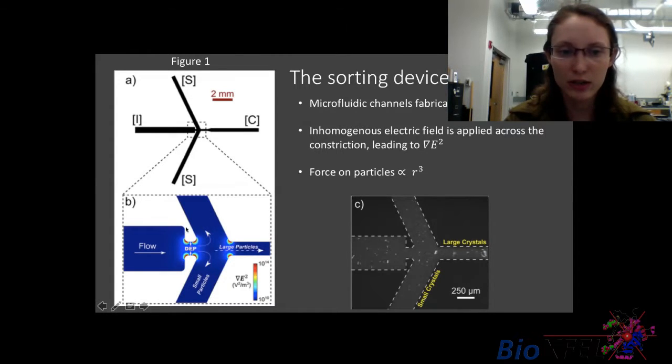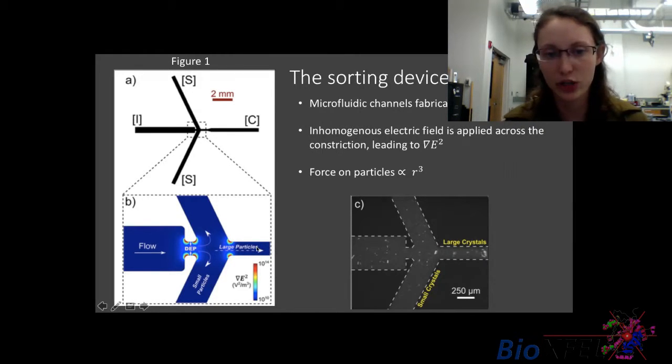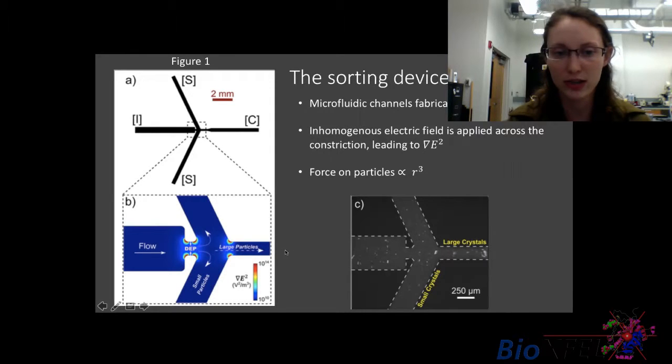Now, when we do this, you end up with an electric field gradient which exerts a repulsive force on the crystal particles. And it's set up so that the force on the particles is proportional to the radius cubed. That means bigger crystals experience quite a lot of repulsion and smaller crystals don't experience very much at all. So these larger crystals are flung into this output channel here and go as far away from the field as they can.